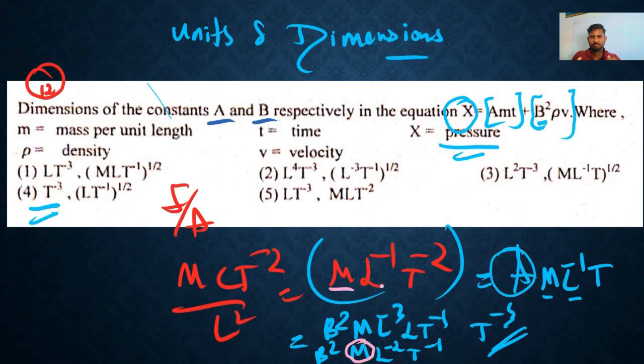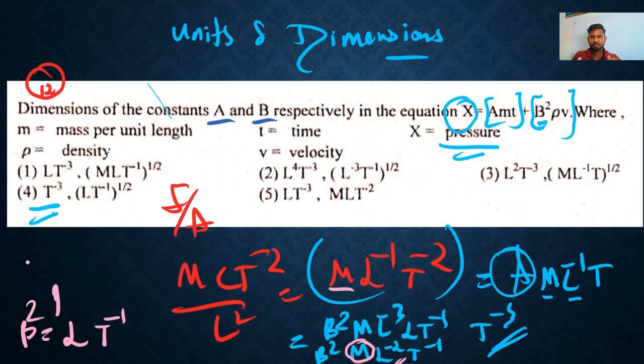That's that. We need L minus 1, and we have L minus 2 here. So we need to remove 1 L. So we need another bar L from this b squared. M L, okay, done. And T minus 1, we need T minus 2, right? So we need another T minus 1. So this should be equal to b squared.